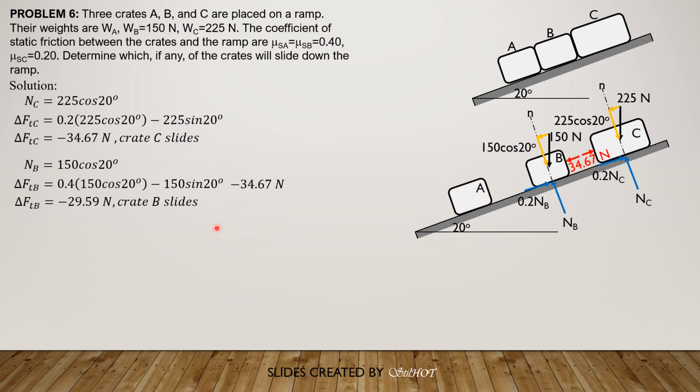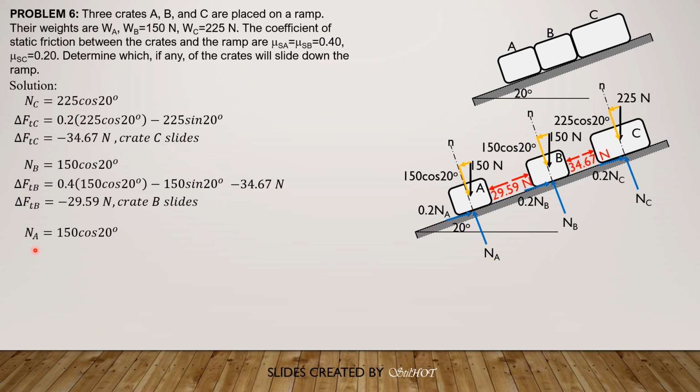And finally, crate A, the weight is also the same, 150. So normal at A is the same, 150 cosine of 20 degrees. Then this is 150 sine of 20. So let's evaluate delta FT sub A. Remember that B tends to push 29.59.